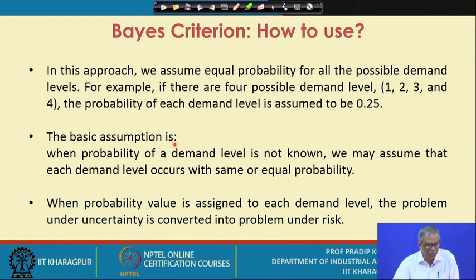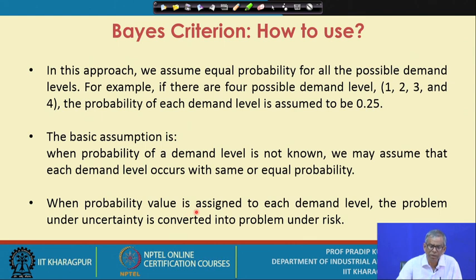The basic assumption is when the probability of a demand level is not known, we may assume that each demand level occurs with the same or equal probability. That means we are assuming that the frequency counts remain the same for each event.